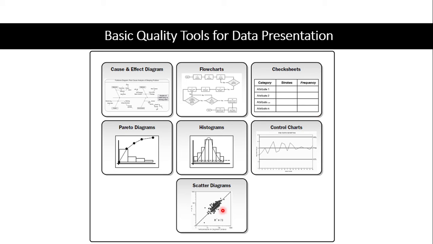Scatter diagrams are again statistical diagrams used when you're sampling quality, where you plot the relationship between two parameters. There are n number of data representation techniques, and these are some that you can use.